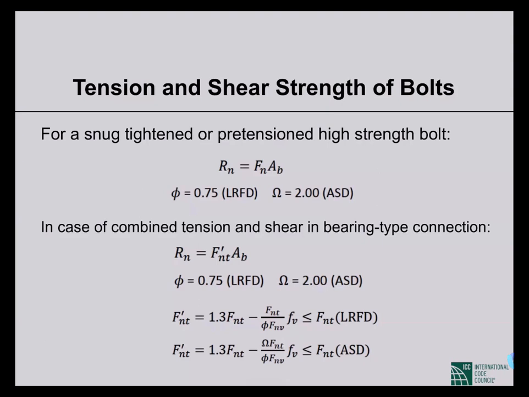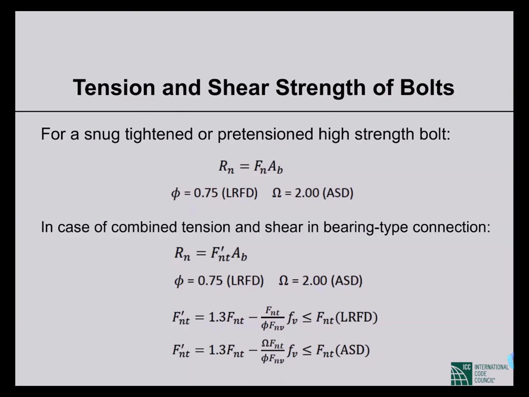So we just have to multiply with the area of the bolt. Okay, and now the strength reduction factor and safety factor, resistance factor and the safety factor, are mentioned here, 0.75 and 2.